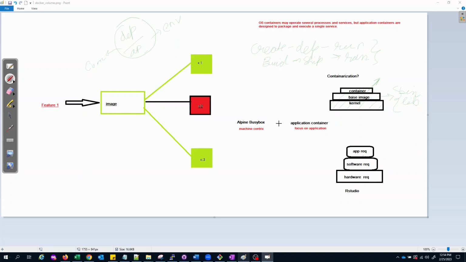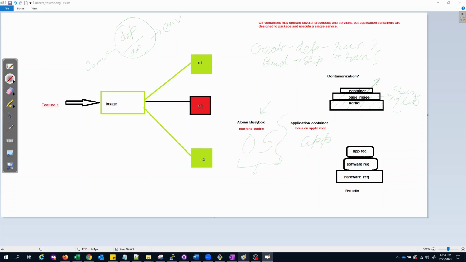And while I mention that, there are also two different types of containers: an OS container versus an application container. An OS container is what we tried last time, like running BusyBox, Alpine Linux, Ubuntu. Those could be used by multiple different services.